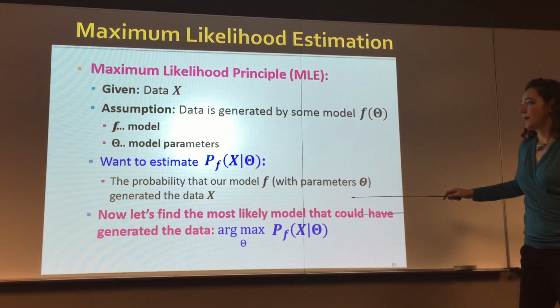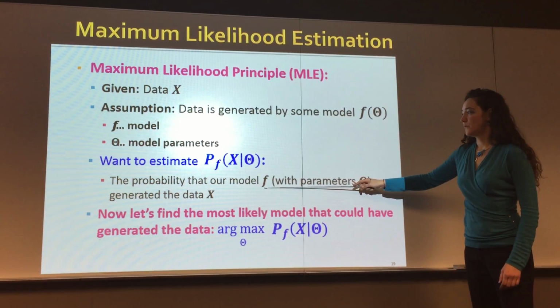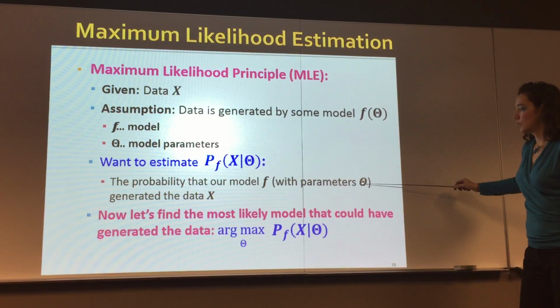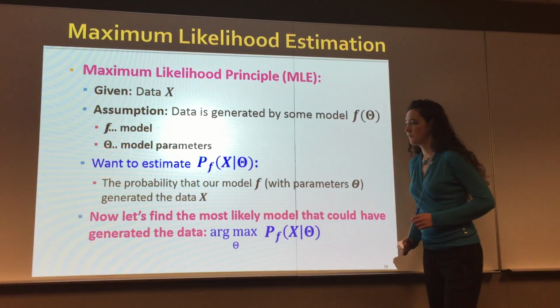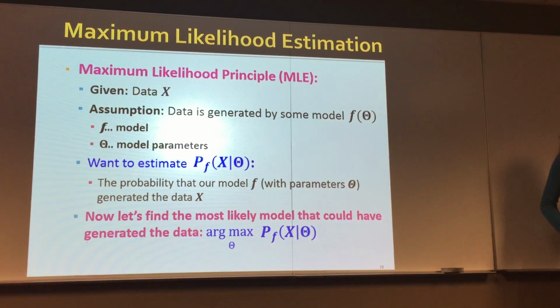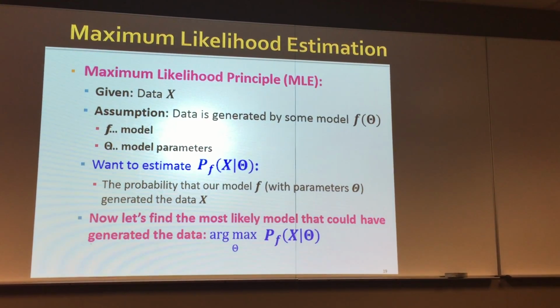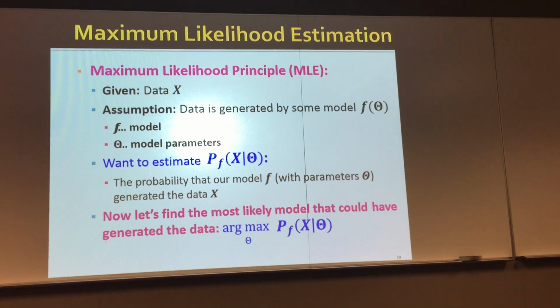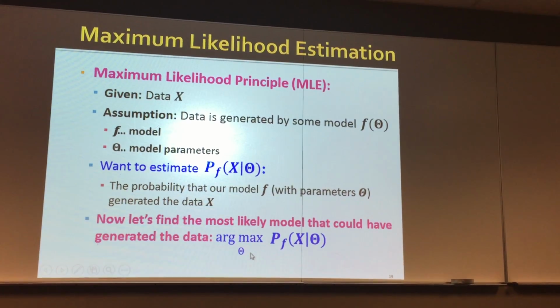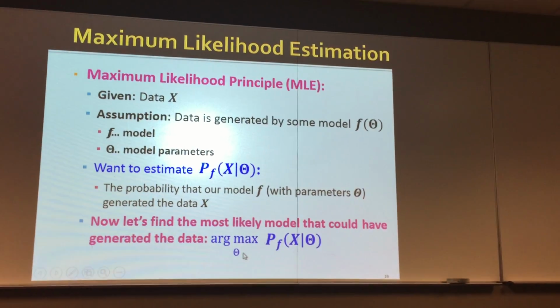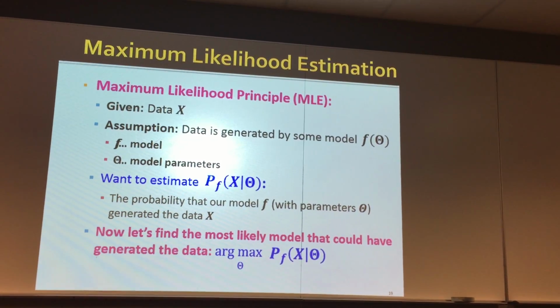So what is the F? What is the probability of our model F with given parameters to generate the data for us? So we want to find the maximum likelihood matrix.